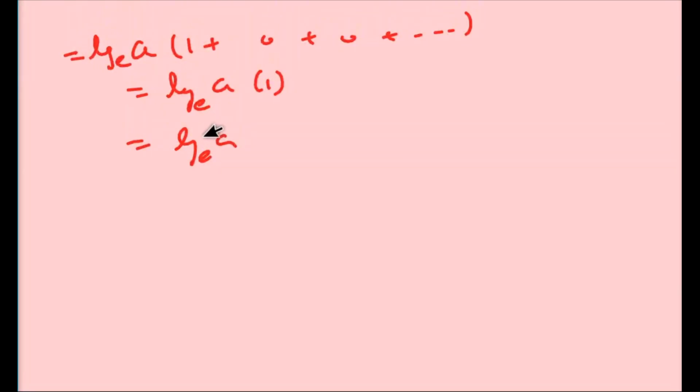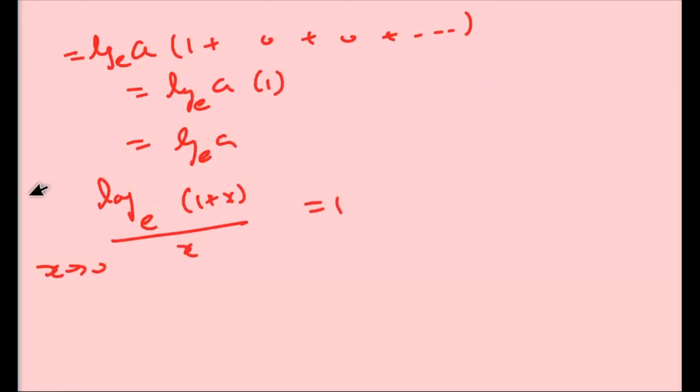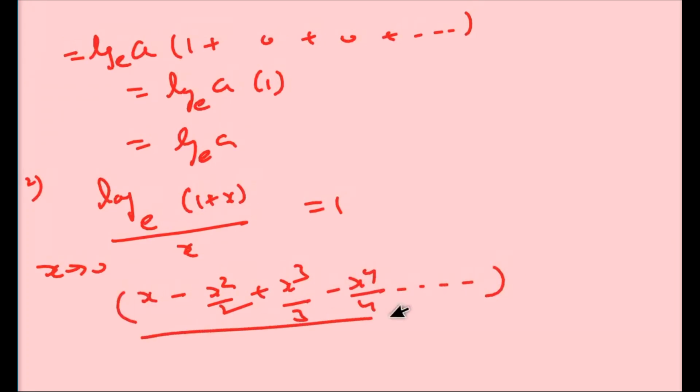Similarly, we can use this formula also: the limit of log_e(1 plus x) upon x as x tends towards 0 is equal to 1. So how will we prove it? Using the series of log(1 plus x), x minus x squared upon 2 plus x cubed upon 3 minus x to the power 4 upon 4 and so on, upon x, as x tends towards 0.